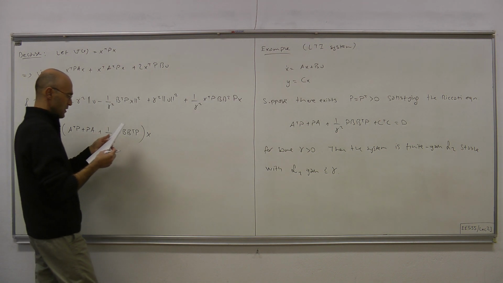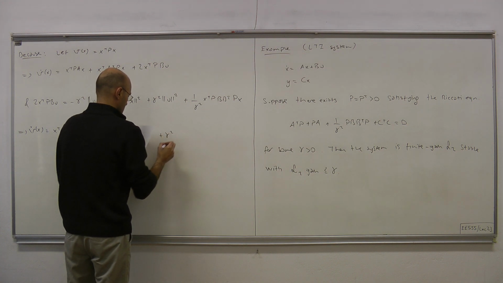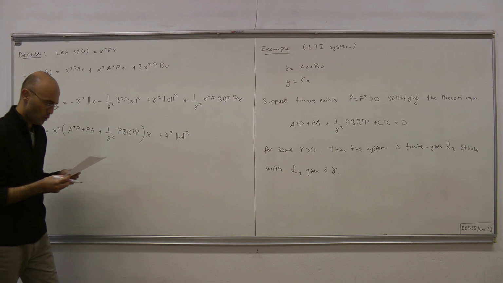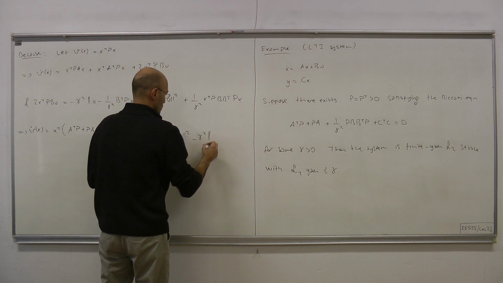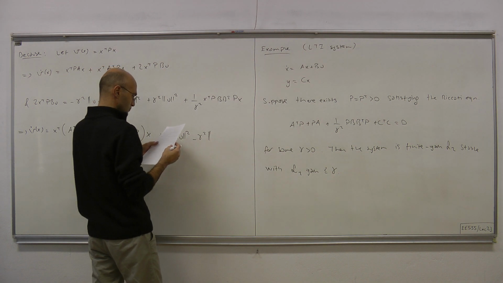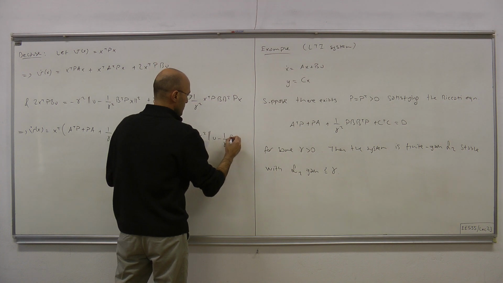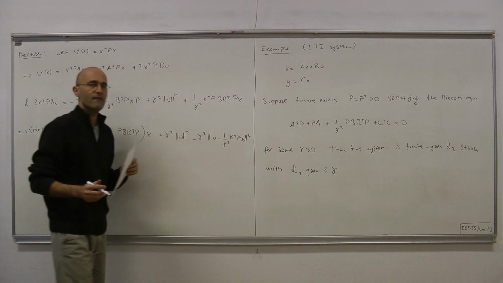And what remains is the following: plus gamma square norm of u square minus gamma square times the norm of u minus 1 over gamma square B transpose Px, norm square.